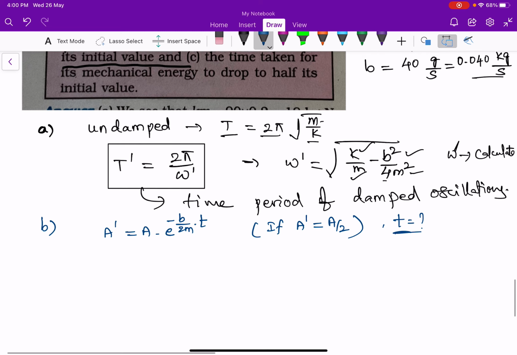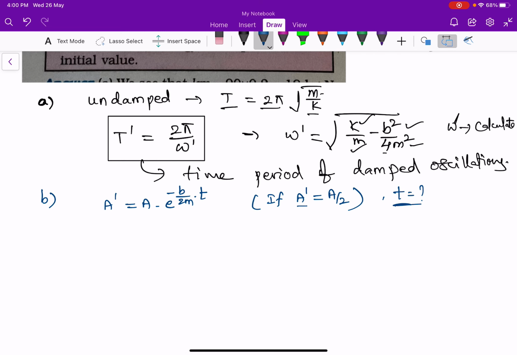So in order to find this t value, we have to substitute A by 2 in place of A dash. A by 2 equals A e power minus b by 2m into t. So here the A and A get cancelled.